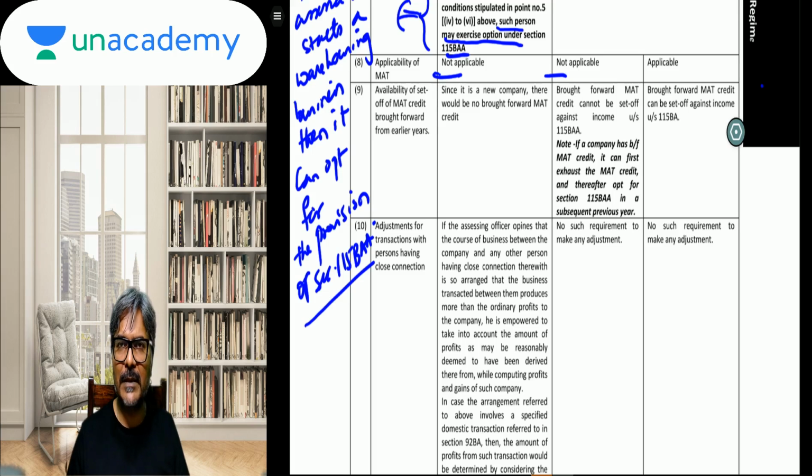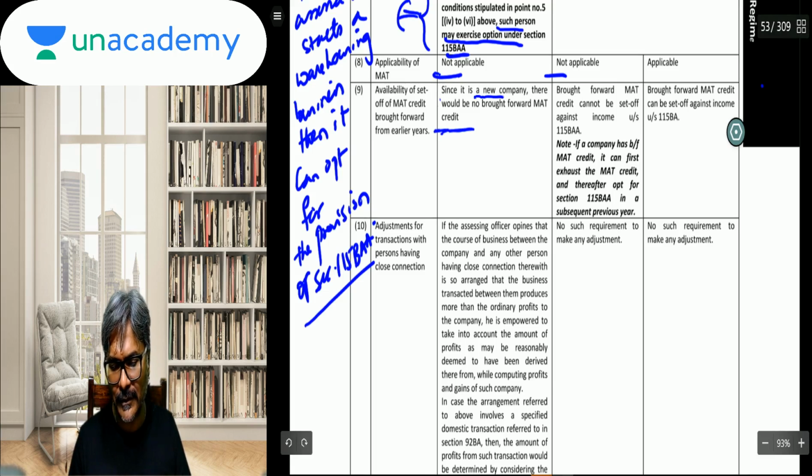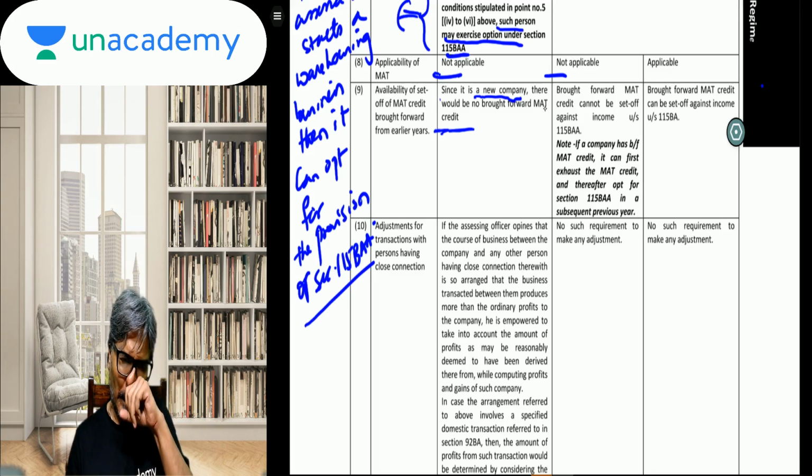Now, students, obviously the MAT credit will lapse, isn't it? For this new company there would not be any concept of brought forward MAT credit, and you will realize that in the first year of filing the return of income, the new company needs to take an option whether to go for the normal provision or for 115BAB.